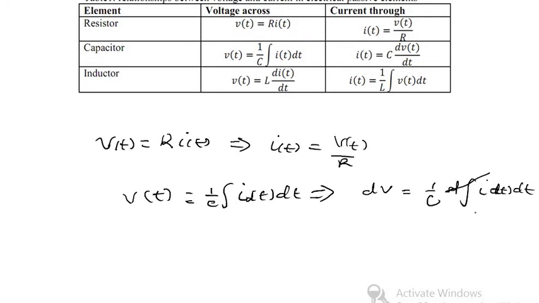Here the differential cancels the integral, and from there we have C dv equal to i dt. So from here we can say i(t) is equal to C dv over dt.